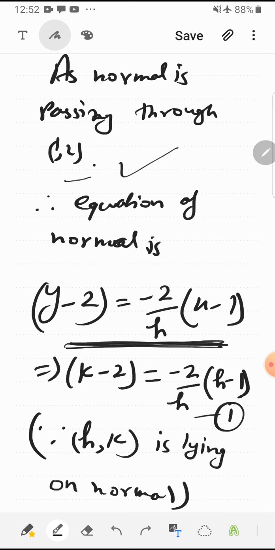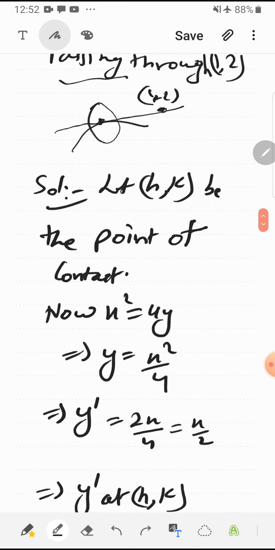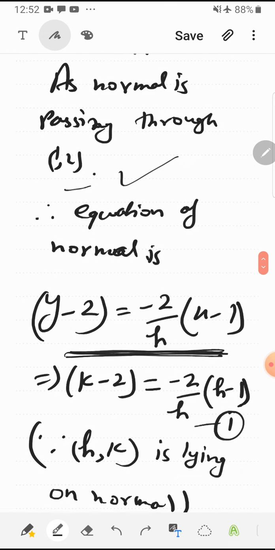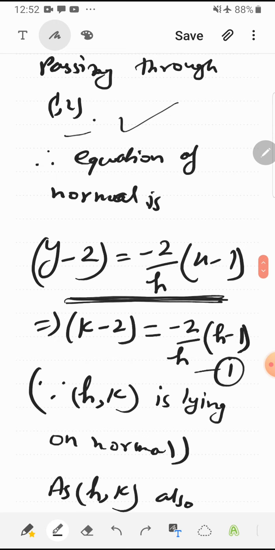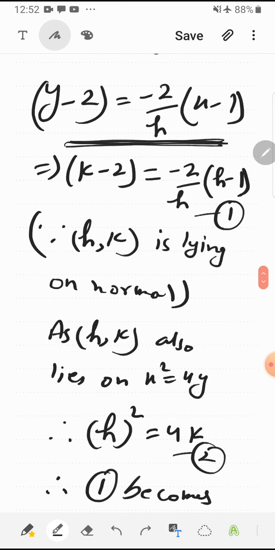Now what I have to do is eliminate h or k from this equation number 1. Because h comma k also lies on the given curve, putting h and k there, I get h square equals 4k.